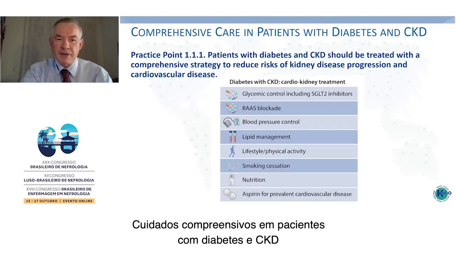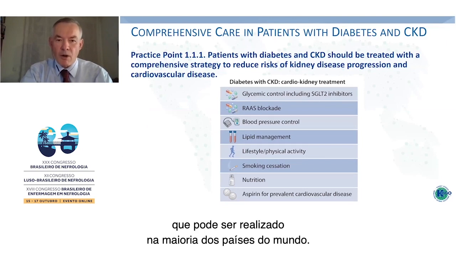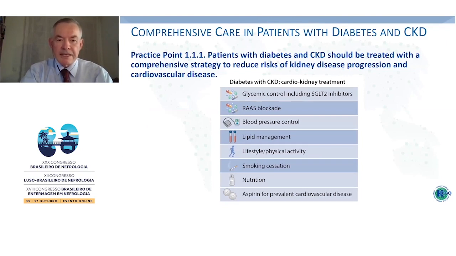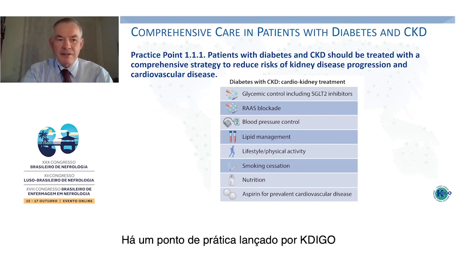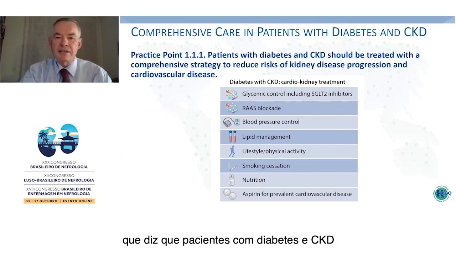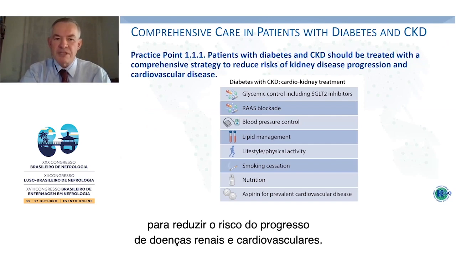So comprehensive care in patients with diabetes and CKD is mainly standard of care, which can be done in almost all countries in the world and is not so dependent on money and investments. And there is a practice point issued by KDIGO saying that patients with diabetes and CKD should be treated with a comprehensive strategy to reduce risk of kidney disease progression and cardiovascular disease.